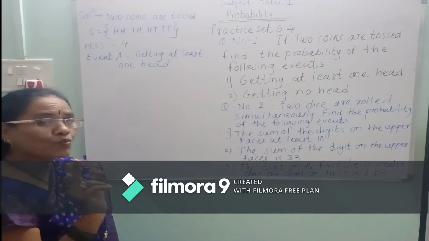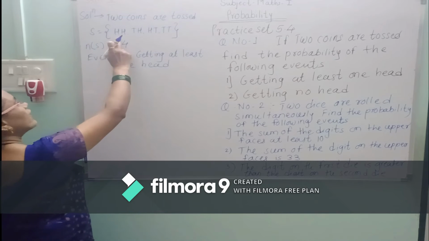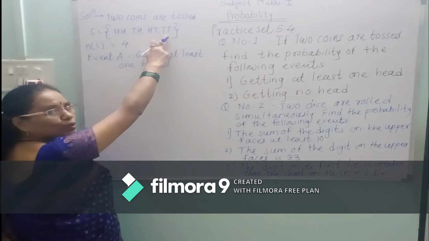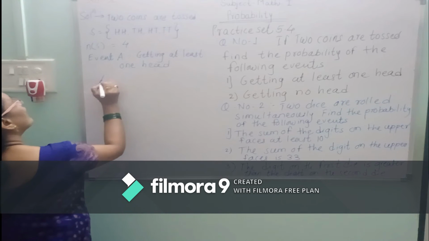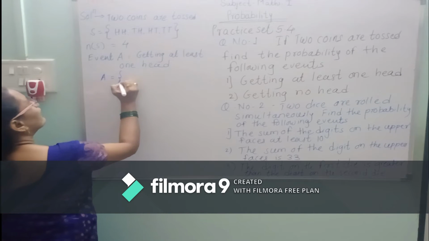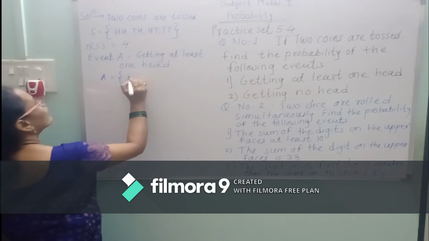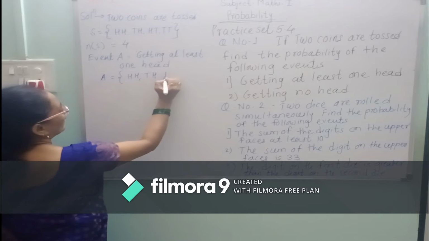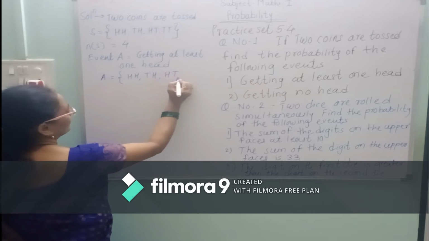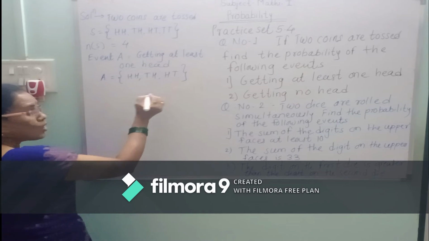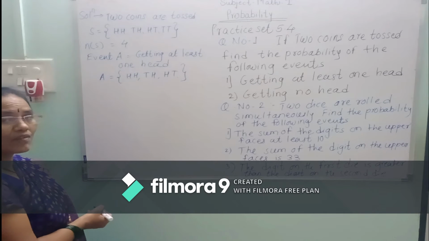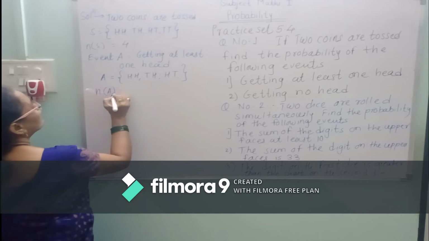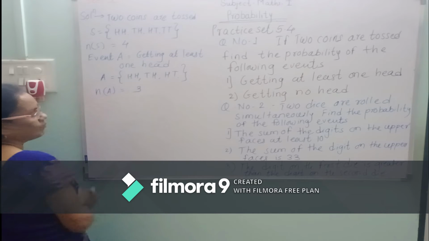Here is one head, here is one head, here is one head, and here there is no head. So event A in curly brackets is HH, TH and HT. The total number of sample points in event A, n(A), is equal to 3.